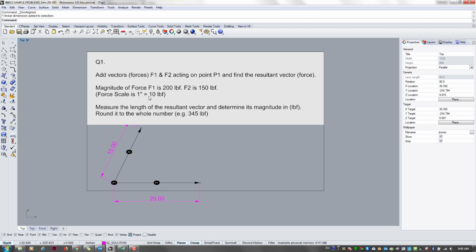So that's our force scale, which is important. What I would be asking you is to measure the length of the resultant vector and determine its magnitude. Round it to the whole number, so if it's like 345.33, then I want it to be 345.